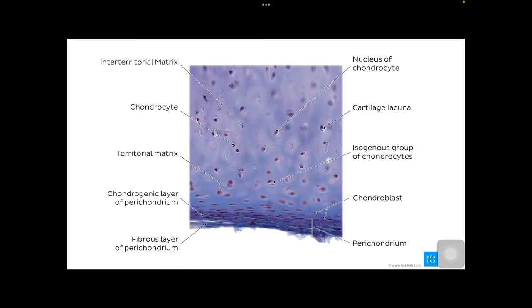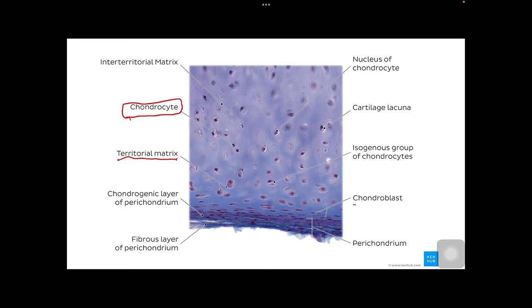We're going to see a histological slide of cartilage with the chondrocyte. Chondrocyte is the main cell in cartilage. The territorial matrix, as I said before, is a matrix that is really in the vicinity of the chondrocyte.